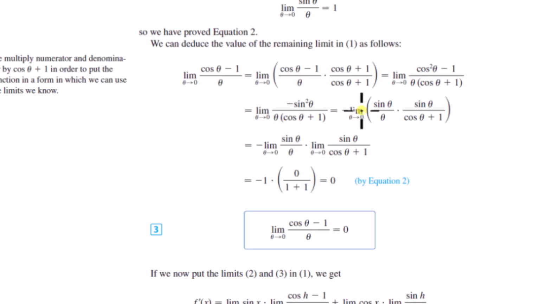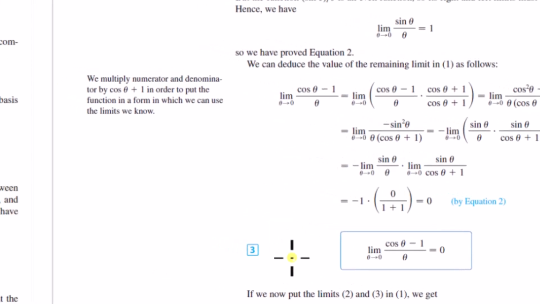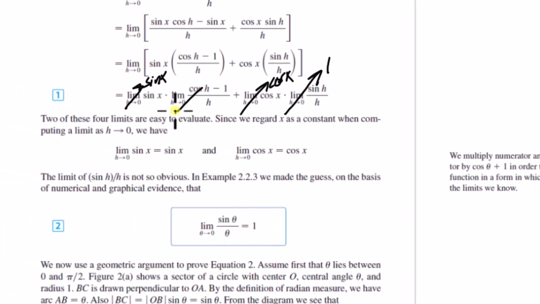Then you can break this up into two separate functions being multiplied, and using the product rule of limits, break this up into two separate limits. Now this limit is equal to 1, and this limit you could just do a direct plug-in. And so you get that the limit as theta approaches 0 of cosine theta minus 1 over theta is equal to 0. So there we go. This is 0.